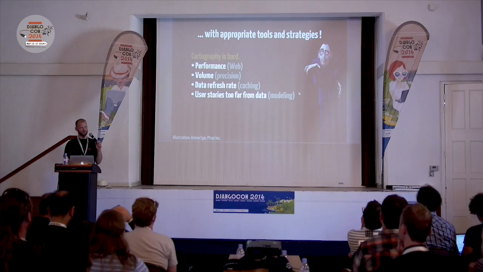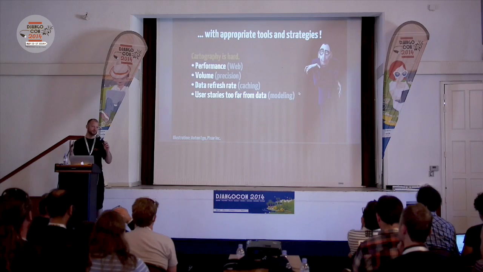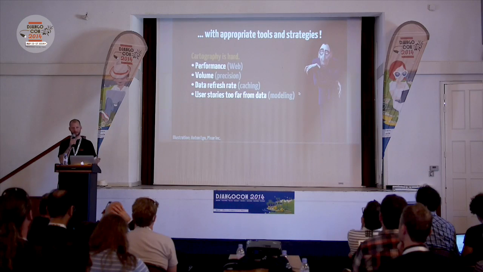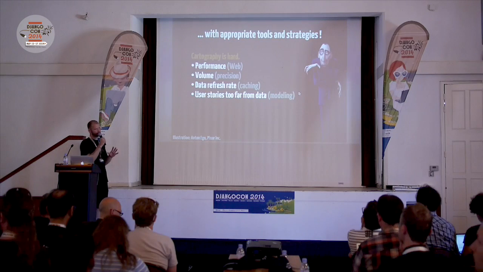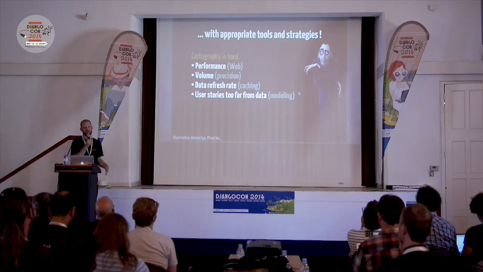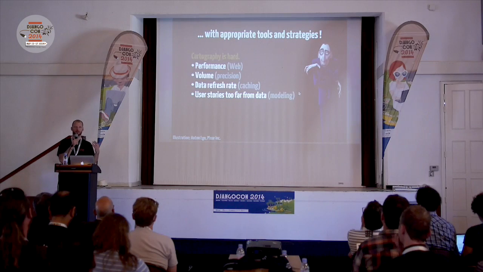But it can also be hard because the volumes of data can be huge. The vector format can be quite verbose and quite heavy. So you have to control the precision of your data, and of course, as usual, control the caching.